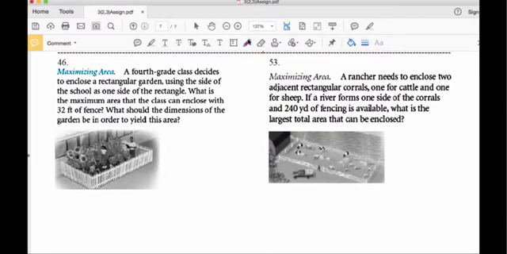Okay, for number 46, we first need to write our function before we can use the vertex formula. And what we're trying to do is maximize the area of this garden, given that we have 32 feet of fence to work with. So let's go ahead and start putting some dimensions on our garden.